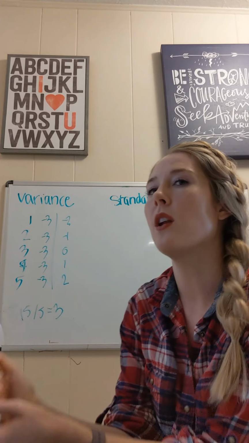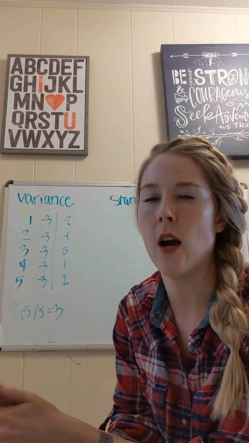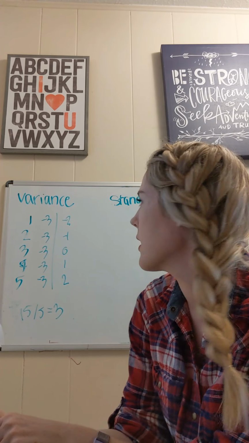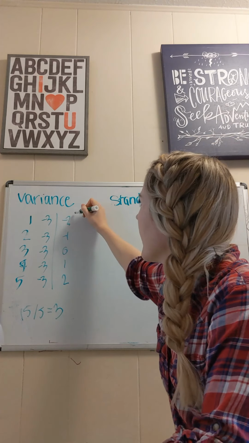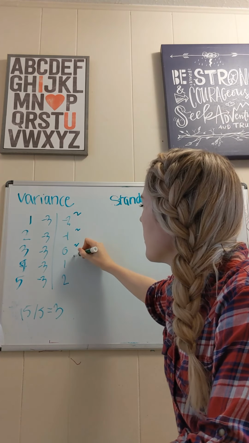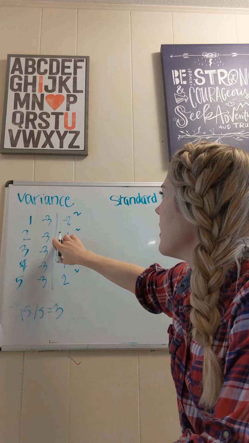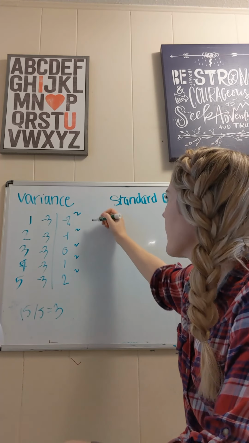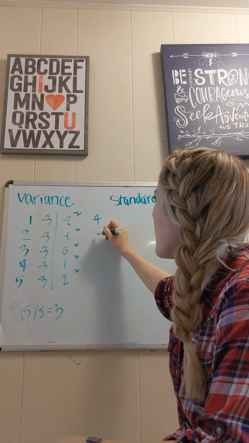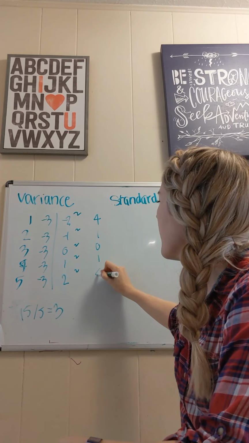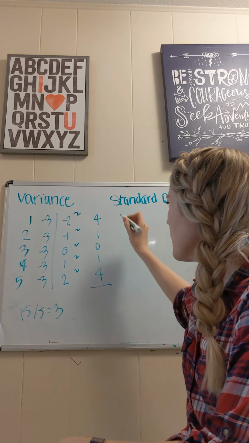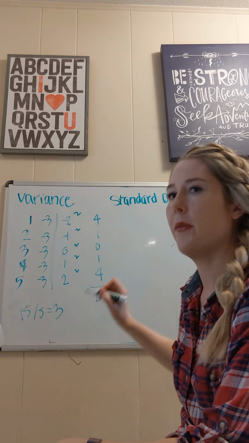And we don't want numbers to cancel each other out. We want to find out what the real differences are. So you square them, because squaring gets rid of all of the negative signs. Then we're here with 4, 1, 0, 1, and 4. If you add those up, you get 10.